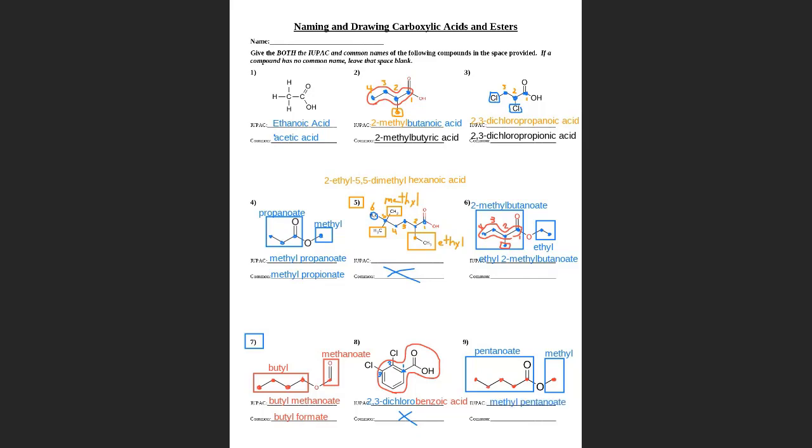Okay, just going to do one quick. I think writing these is actually easier than drawing. So I'm going to go ahead and do quick number 4, and then I'm going to have you do number 6. All right. So if I was to draw 4, it says 3-ethyl-2,2-dimethylpentanoic acid.